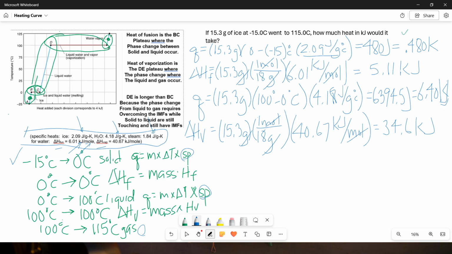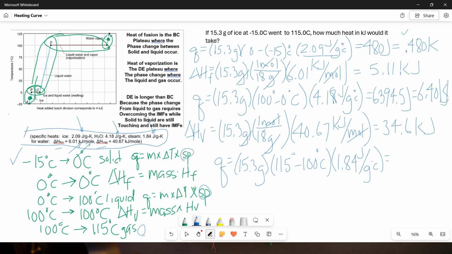And so we have one step left. Now we are on the EF portion, where we're going from vapor at 100 to a vapor at 115. So we have 15.3 grams times 115 degrees minus 100 degrees Celsius times the specific heat of steam, which is 1.84 joules per gram Kelvin or gram Celsius, does not matter.